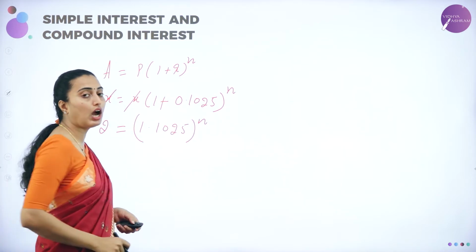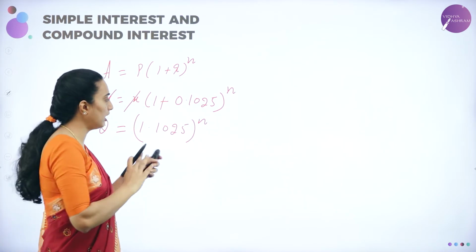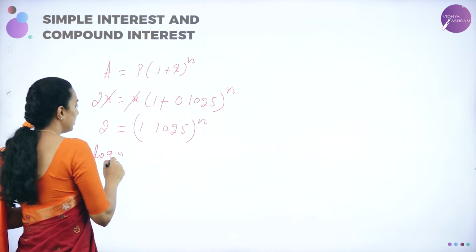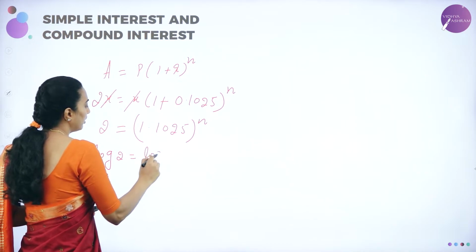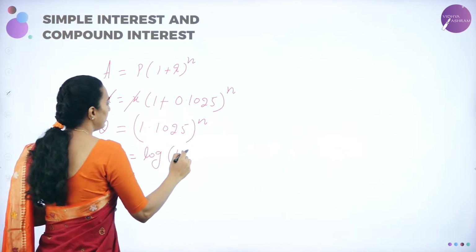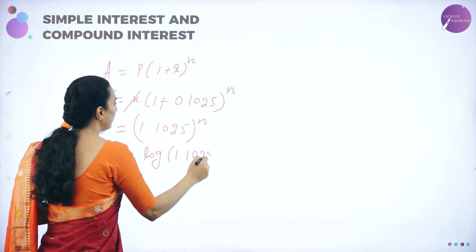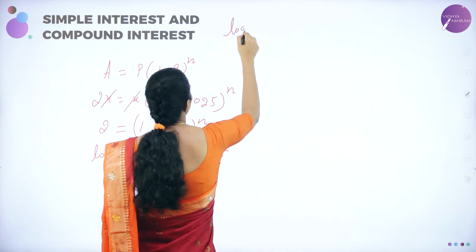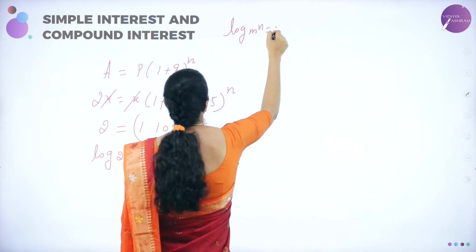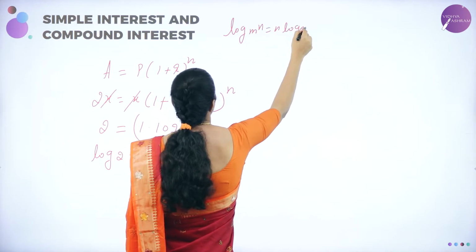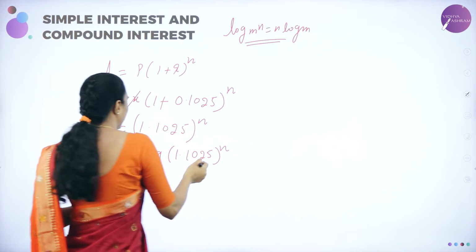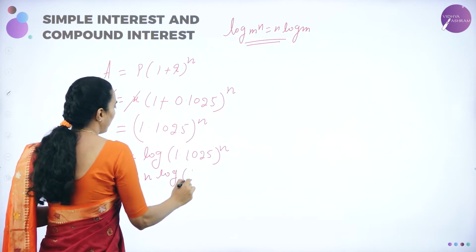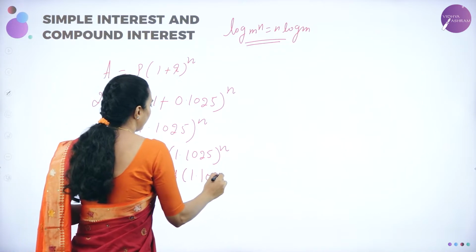Now I want to find out N, so taking log on both sides, it will become log 2 is equal to log of 1.1025 whole to the power of N. We know that log m to the power n is n log m. By using this formula, we can reduce this to n log 1.1025.